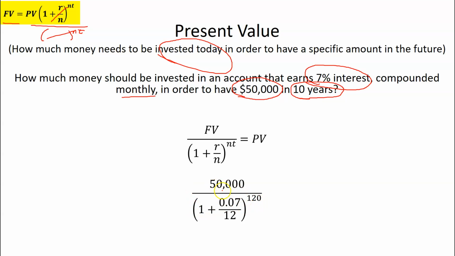We divide 50,000 by that, and we would need to start out with approximately $24,879.81. And most people will probably just say, hey, just throw in 25,000. We would round up a little bit probably, but this would be the exact amount right there for the present value, what to start with.